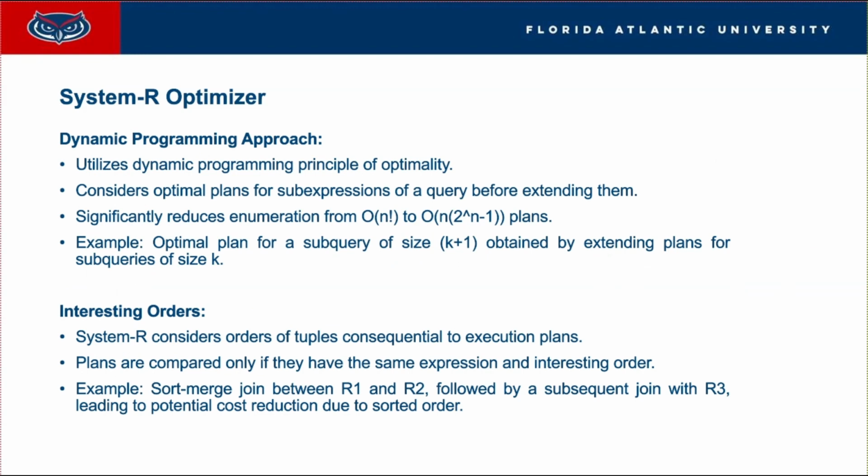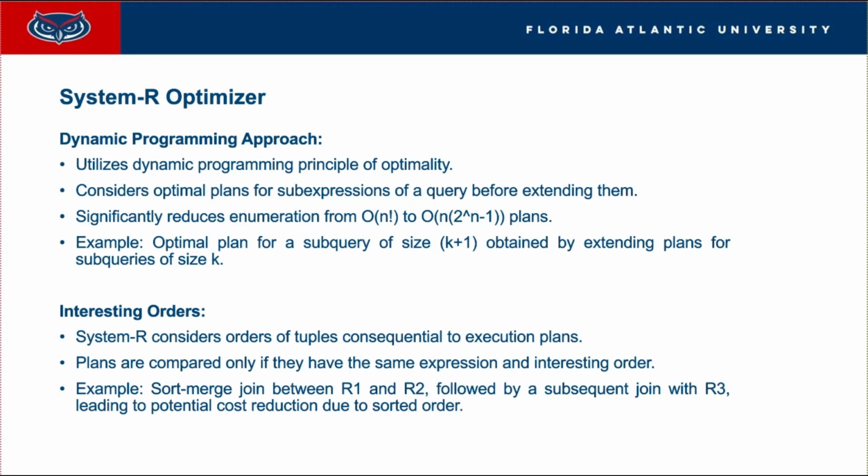One of the key techniques employed by the System R optimizer is dynamic programming, which optimizes query plans by recursively considering subqueries and extending optimal plans, significantly reducing enumeration from O of n factorial to big O of n times 2 power n minus 1 plans.